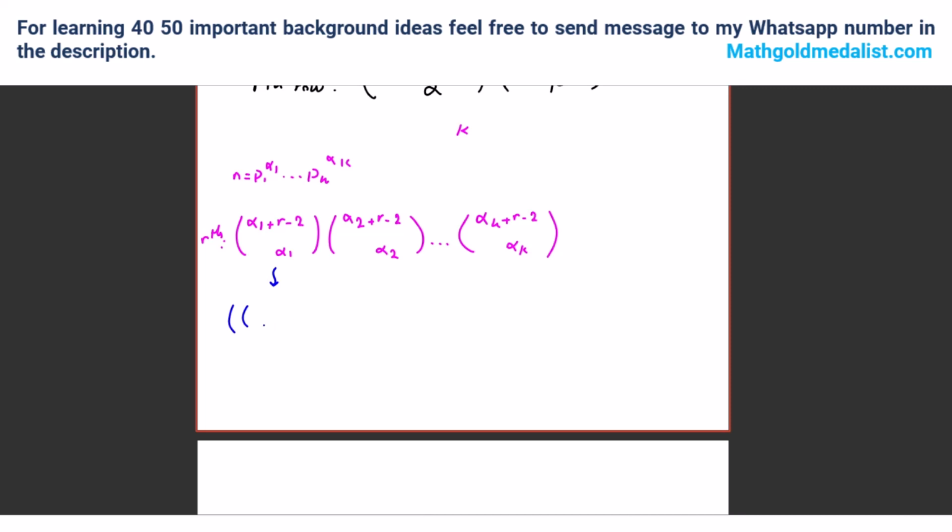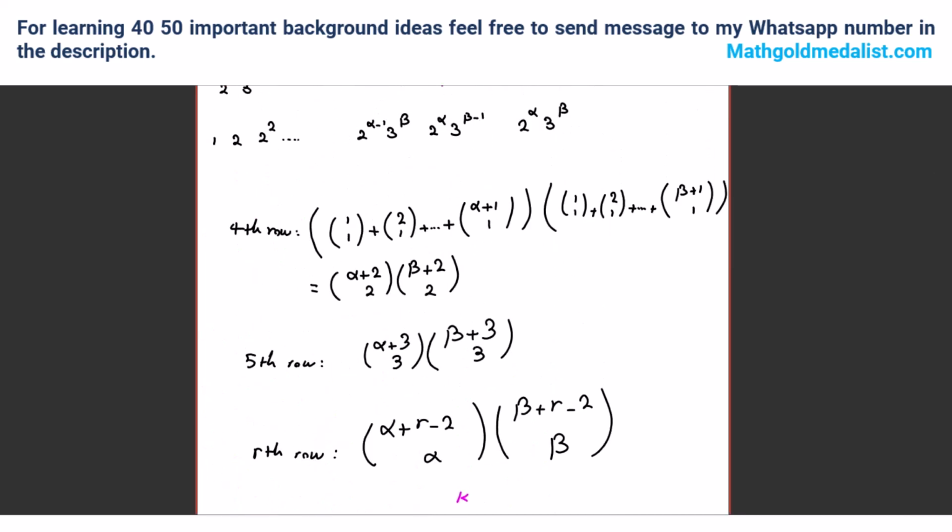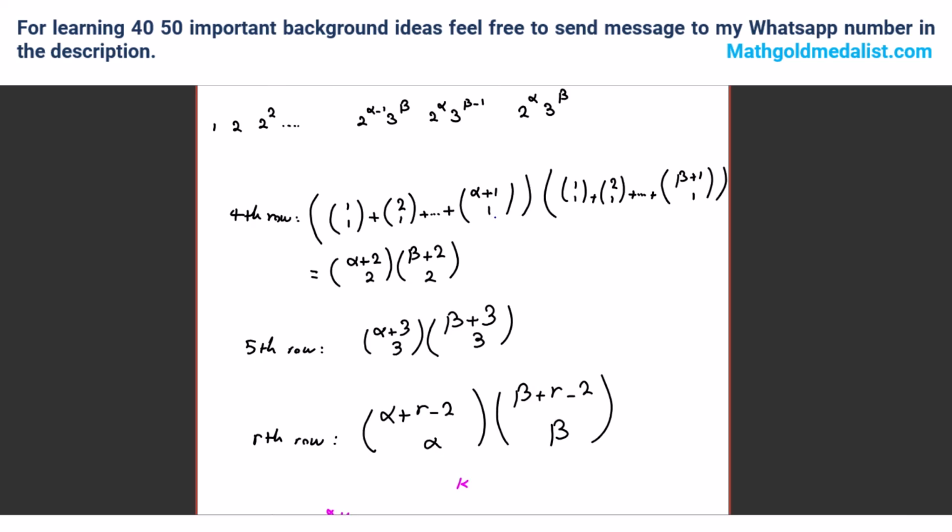It will be r minus 3 choose r minus 3, plus r minus 2 choose r minus 3, until alpha 1 plus r minus 3 choose r minus 3. So if you consider, for example, like this one, we had alpha 2 choose 1, r minus 3.